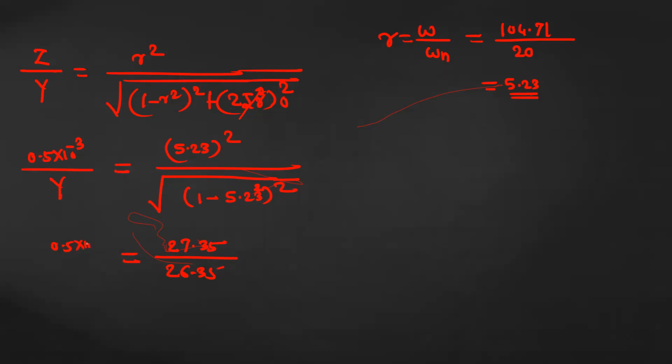So this is 0.5 into 10 to the power minus 3 equals the result times capital Y. So calculate the capital Y from this equation.